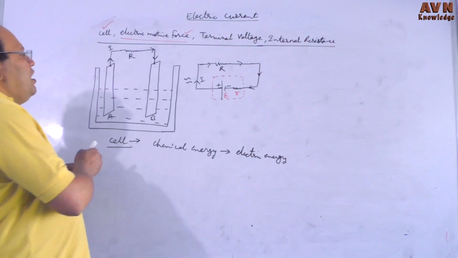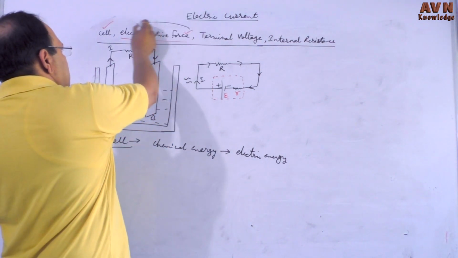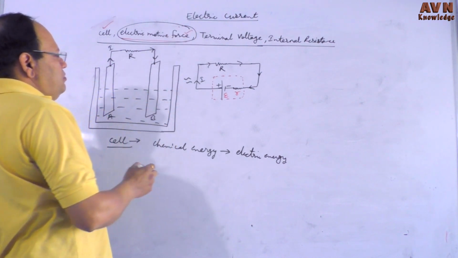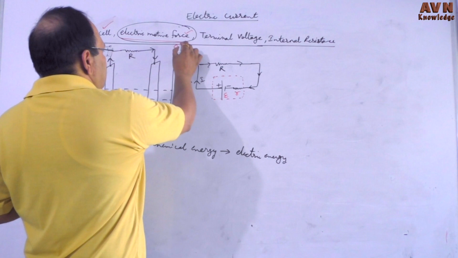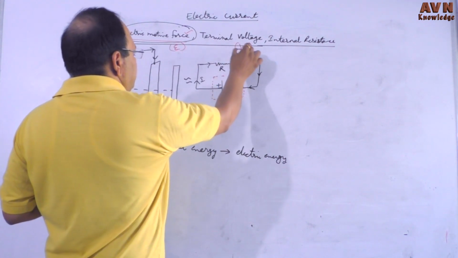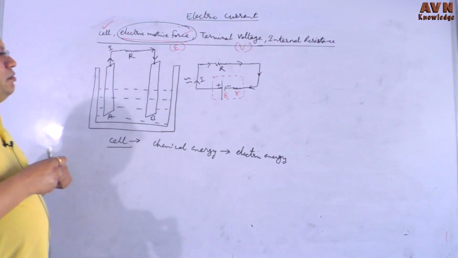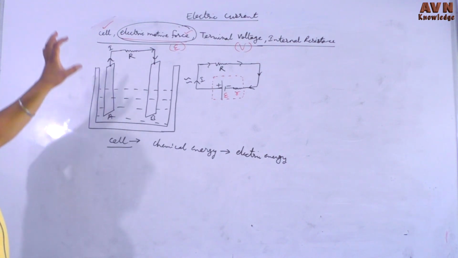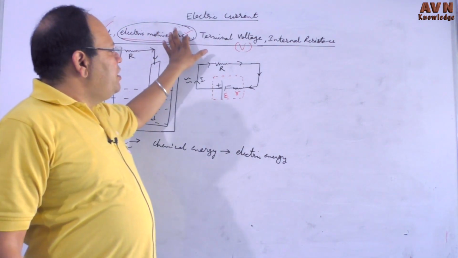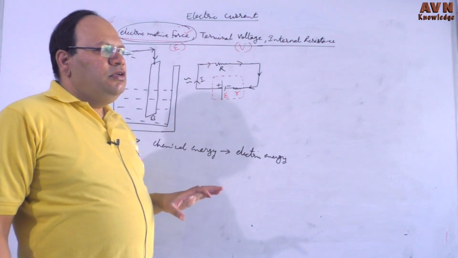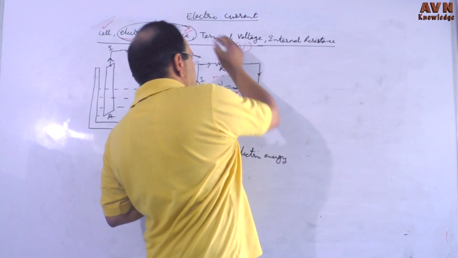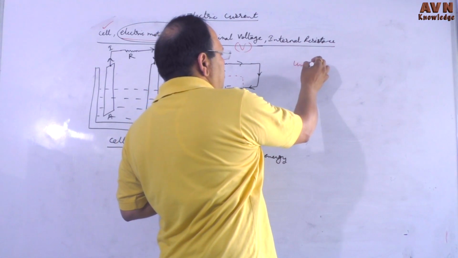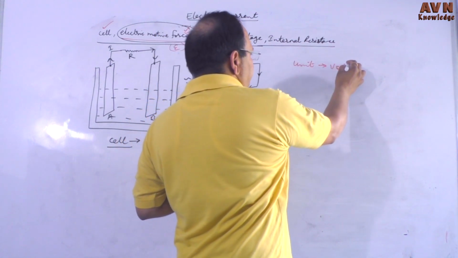And what is the electric motive force? It is denoted by E, and terminal voltage is denoted by V. The basic difference between electric motive force and terminal voltage: the unit is the same. EMF is not a force. The unit is volt.